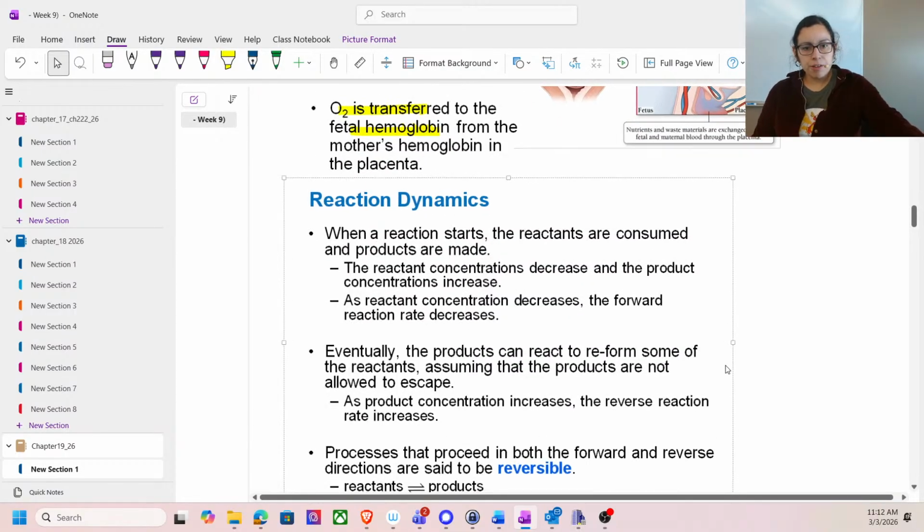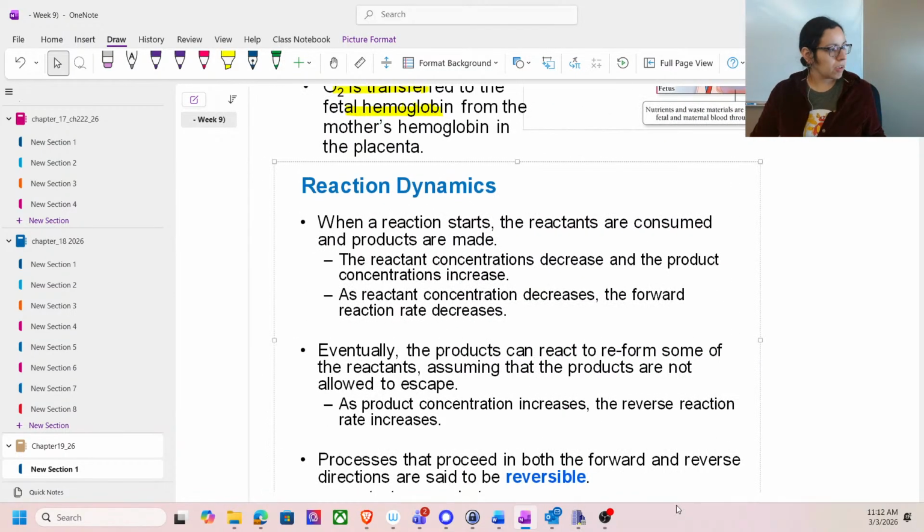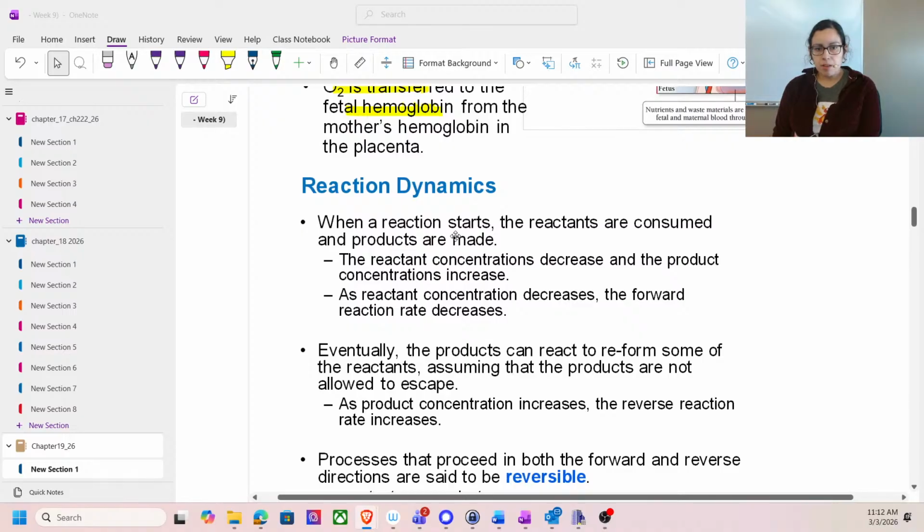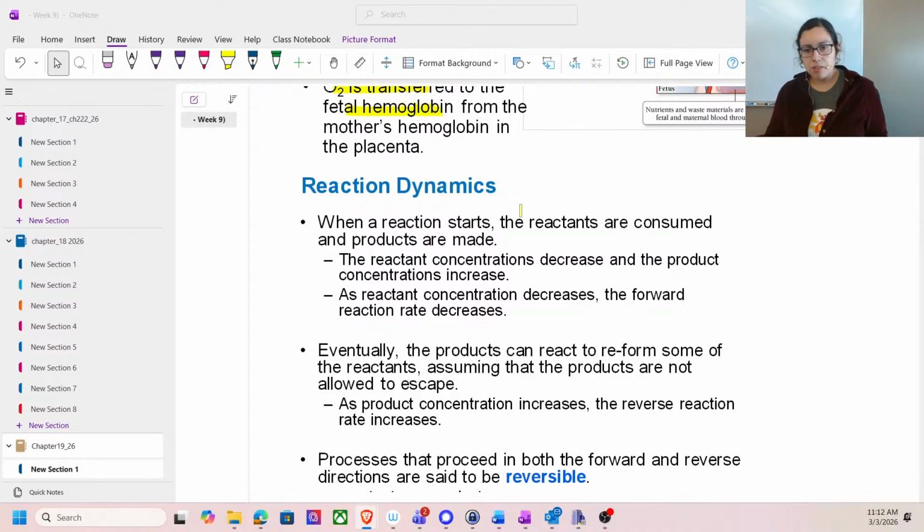And then we're starting to see these reaction dynamics, and this is what we'll be getting at and solving and finding the equilibrium. Essentially we'll have a reaction start, our reactants will be consumed, products will be made, and then it'll stop once we reach our equilibrium conditions.